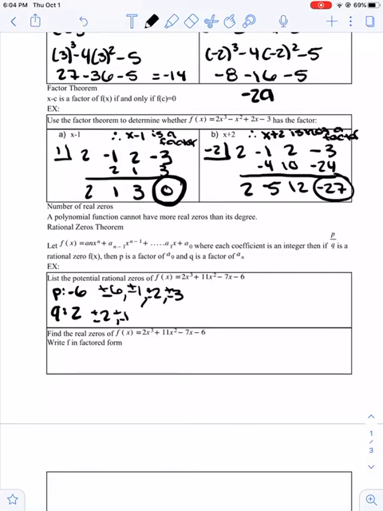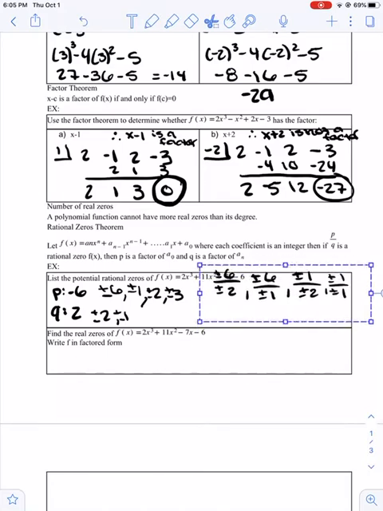Now, the next step is to do what P divided by Q is. So this is each P factor divided by each Q factor. So plus or minus 6 divided by plus or minus 2, plus or minus 6 divided by plus or minus 1. And then you continue this. So plus and minus 1 divided by plus minus 2, plus minus 1 divided by plus minus 1.